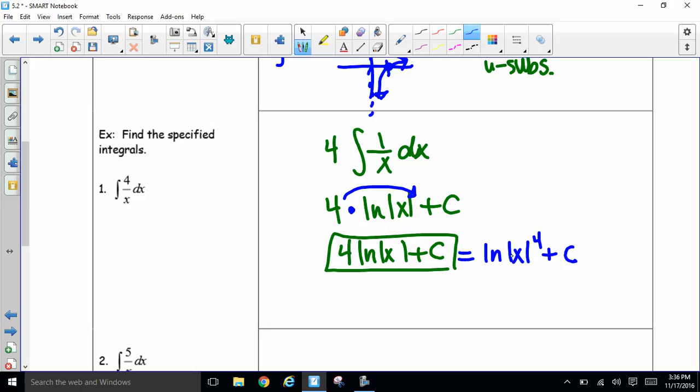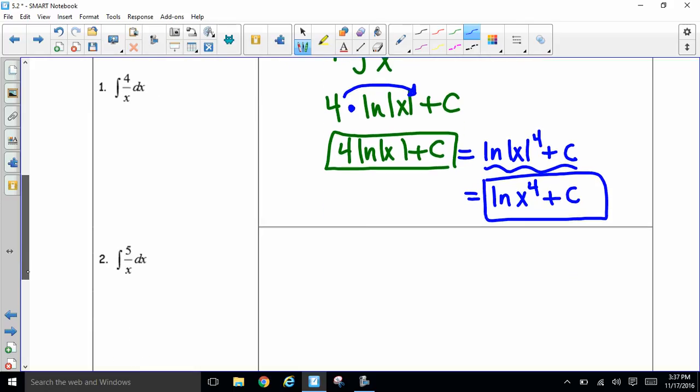Or I could really think about, hey, if I take something to the 4th power, it would be positive anyway. So I actually don't need those absolute values, because the 4th power is going to ensure that I have a positive answer. So if they move the 4 up, you are likely to see them just say it's natural log of x to the 4th plus c, and they're not going to include absolute values because x to the 4th is guaranteed to be positive anyway.